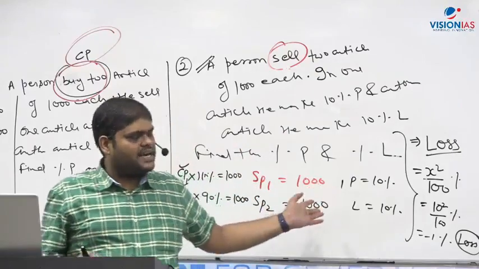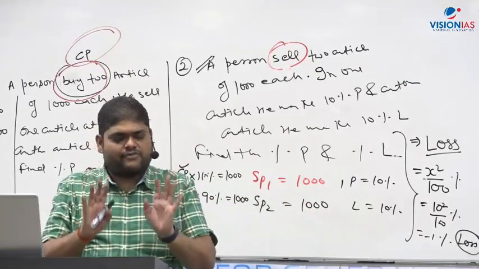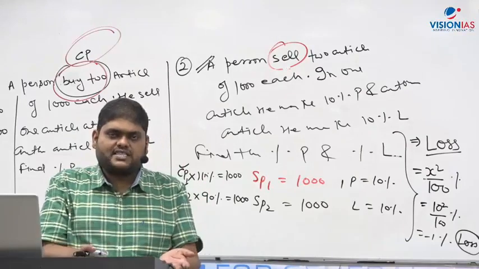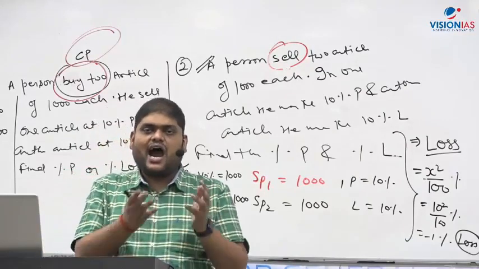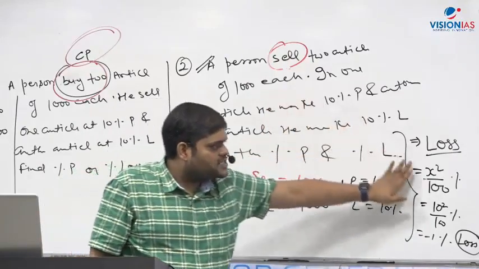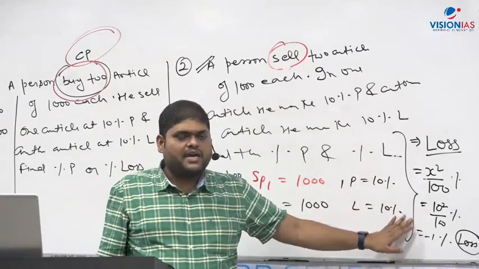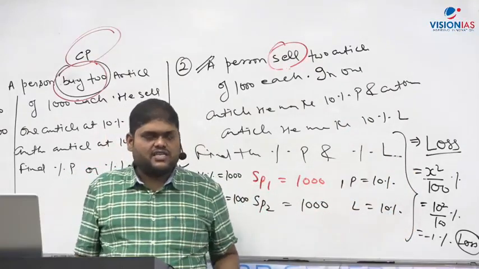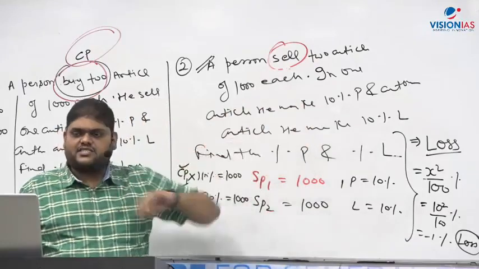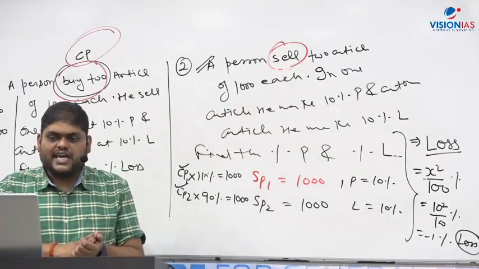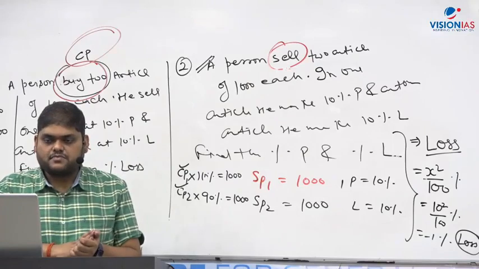Same thing here: all questions don't have a shortcut, only some questions have a shortcut. And UPSC and other examinations ask those shortcut questions also. So if this particular case comes, the answer will be this one. Generally students will ask, sir, if the selling price is not equal, then you can find out the answer by the basic method.